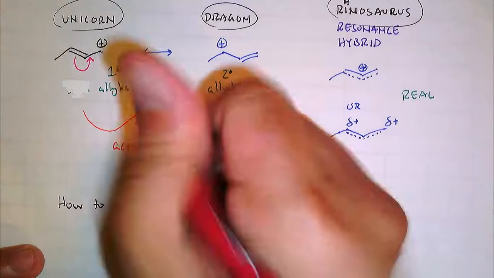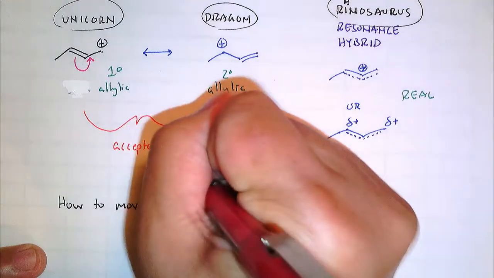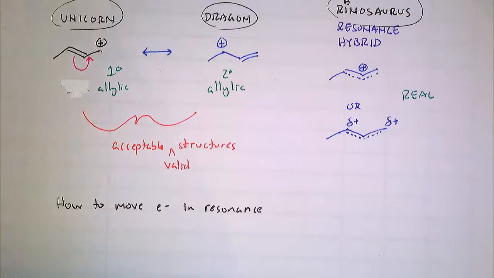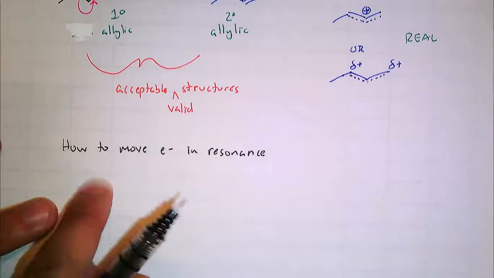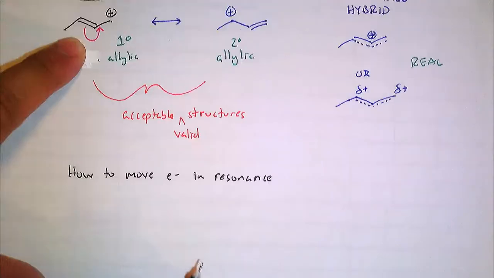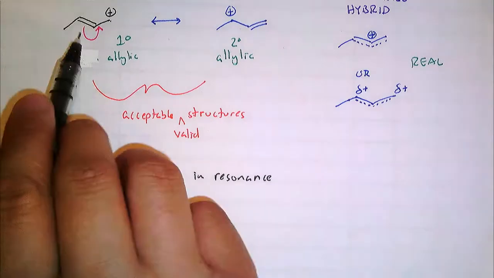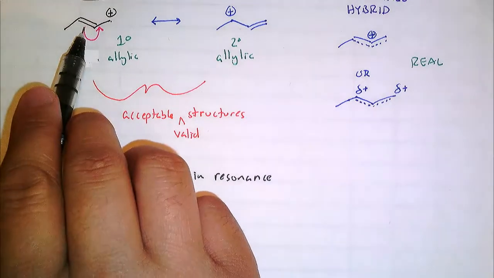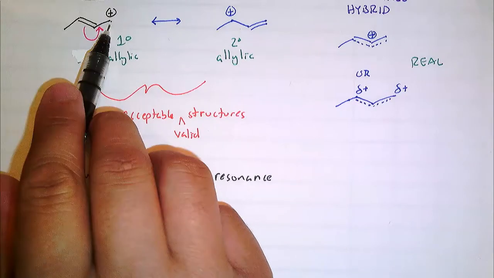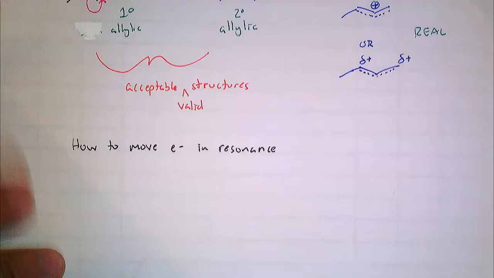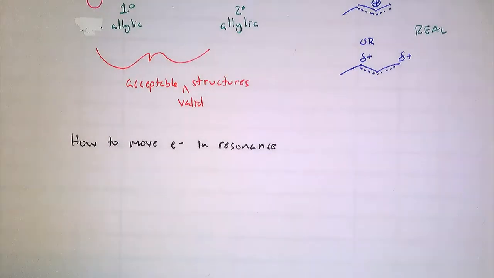Okay, I'll use the word valid, because there are going to be invalid structures that you should not count as resonance structures, but that's in a different video. But I want to first figure out what the rules are for these movements. Because why couldn't I move these 2 electrons all the way to the carbon and make a carbon with a lone pair? So let me give you those rules.